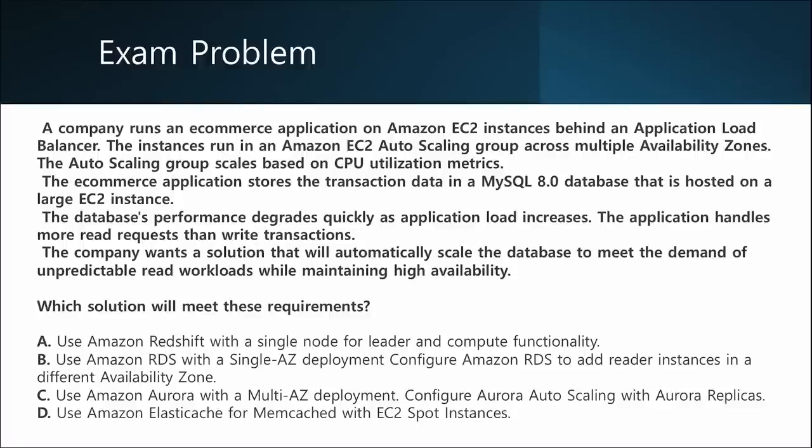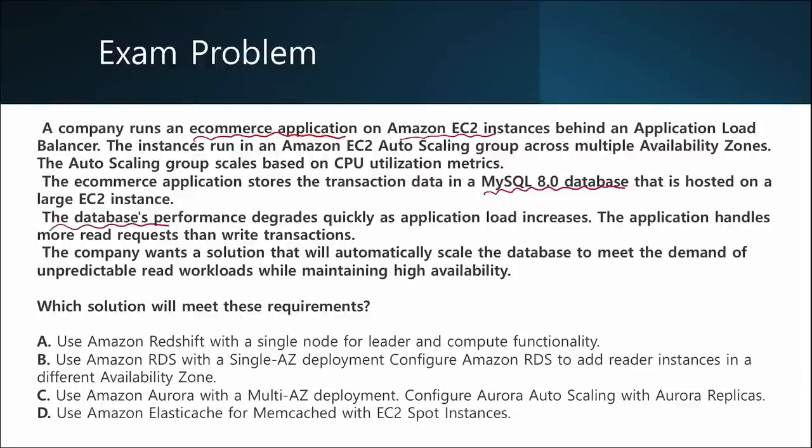Next question. The company runs an e-commerce application on an Amazon EC2 instances behind an application load balancer. The instances run in an Amazon EC2 auto-scaling group across multiple availability zones. The e-commerce application stores the transaction data in a MySQL 8.0 database that is hosted on a large EC2 instance.